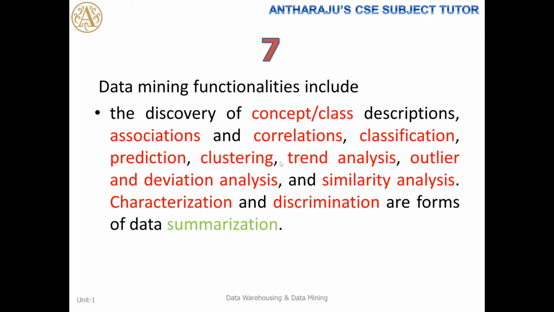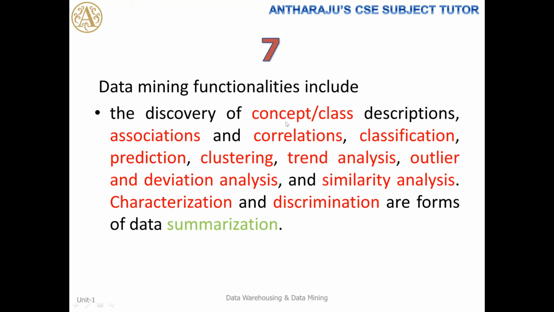Next, data mining functionalities. What are the major concepts needed to take that business decision? How can we take the business decision based upon those functionalities? How those functionalities work, all these things are included here.